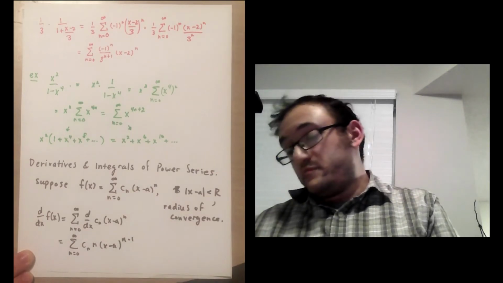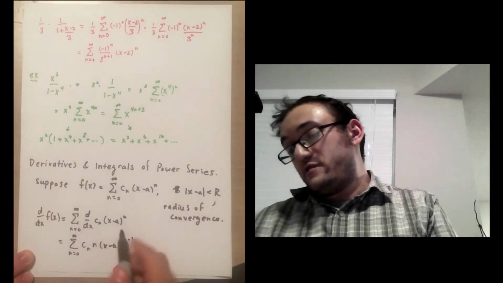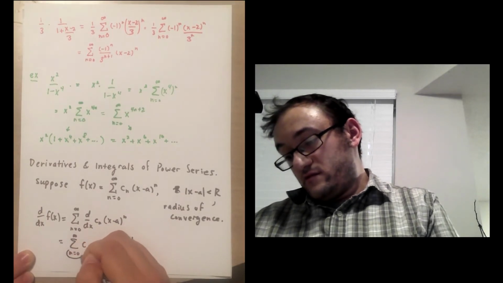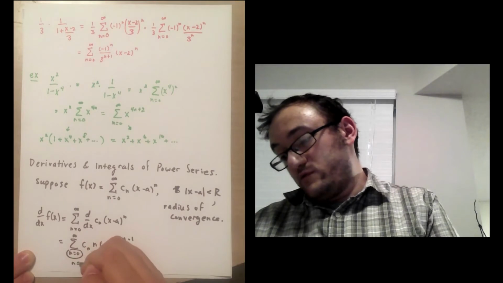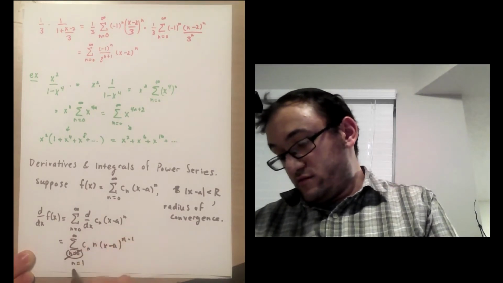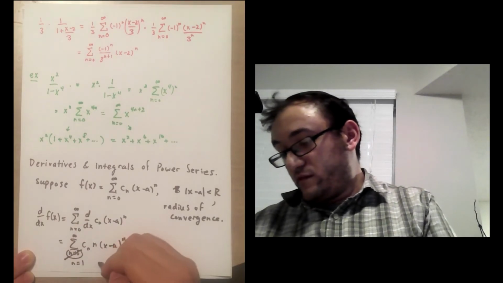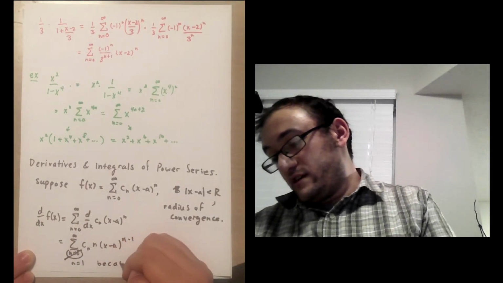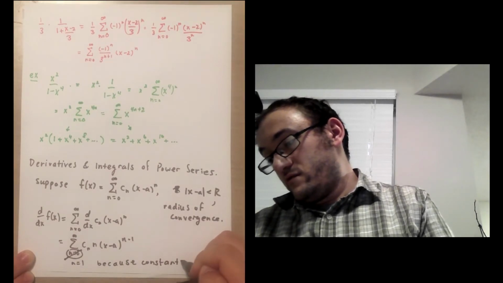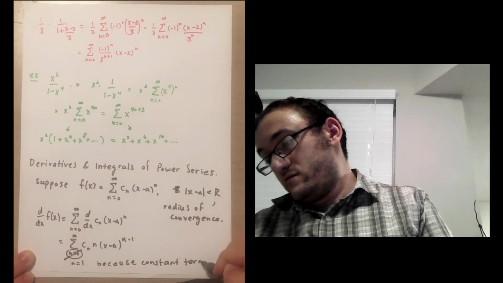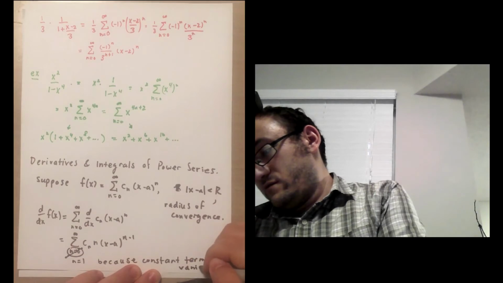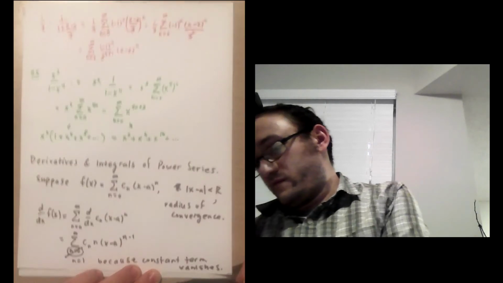Now we should be careful, because for x minus a to the 0, this term just vanishes. So this becomes n equals 1. Okay? Because the constant term vanishes.